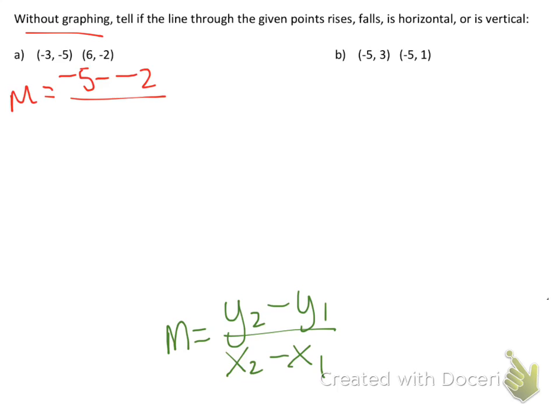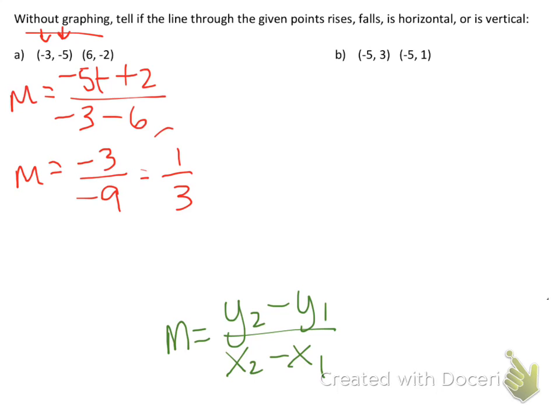Over the change in the x, since we took the -5 first, we must take the -3 first when we're taking the x's. So -3 minus 6. So the slope, double negative is a positive, we get -3 over -9. So we get a slope of a positive 1/3. Don't forget that your negatives cancel each other out. Therefore, since this is a positive slope, the line will rise from left to right.